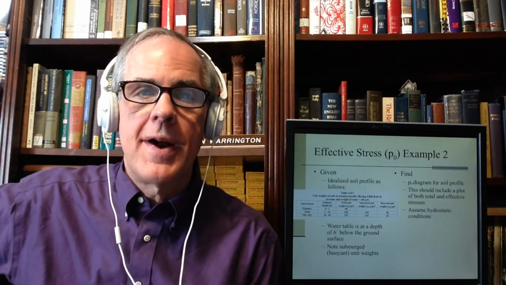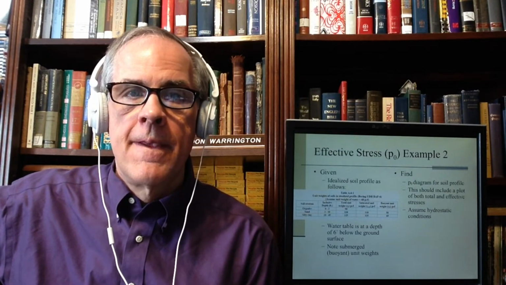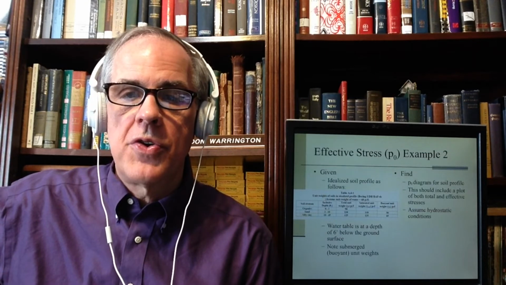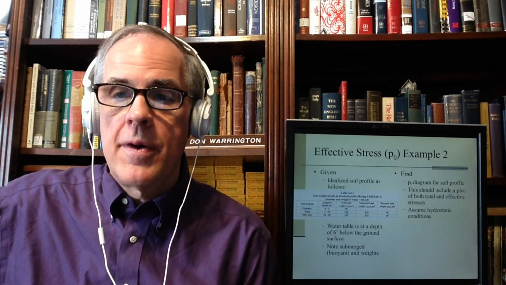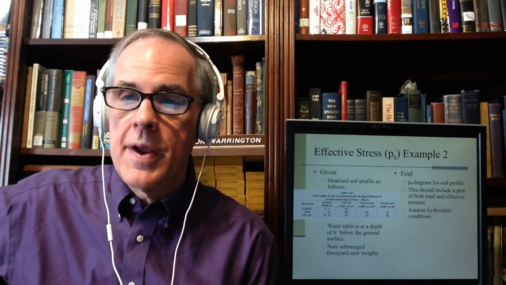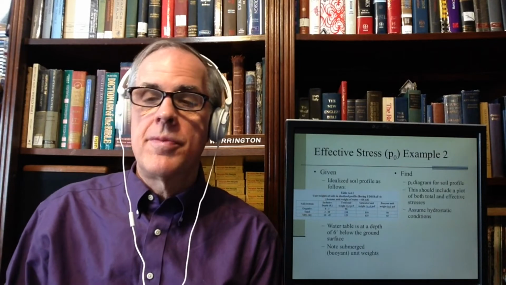But if you're given a problem like this, just run with it. Run with the saturated unit weights, buoyant weights as they are. This P-naught diagram should include a plot of both total and effective stresses and assume hydrostatic conditions. When you're confronted with a situation like this, this is how you do it.